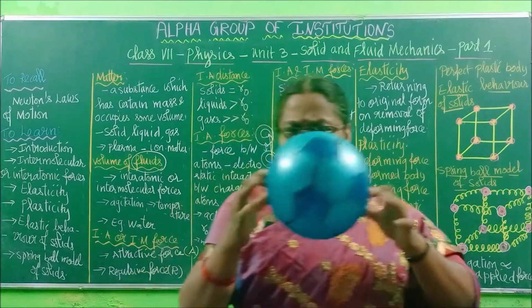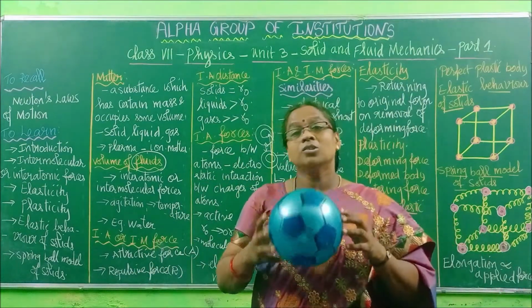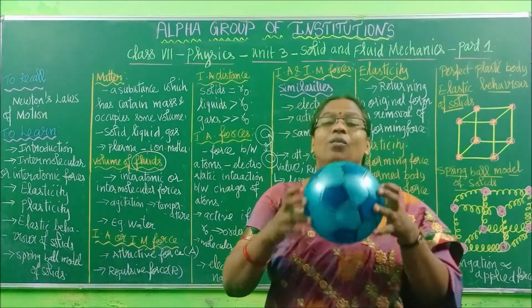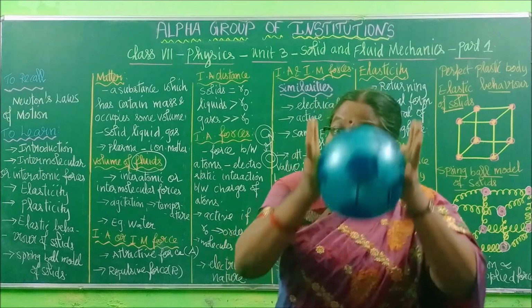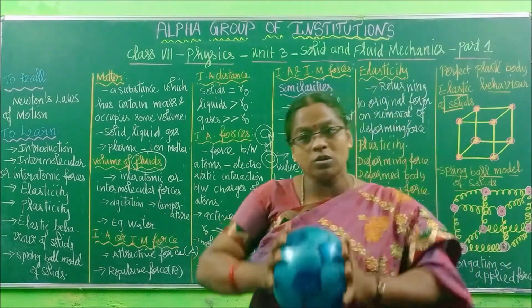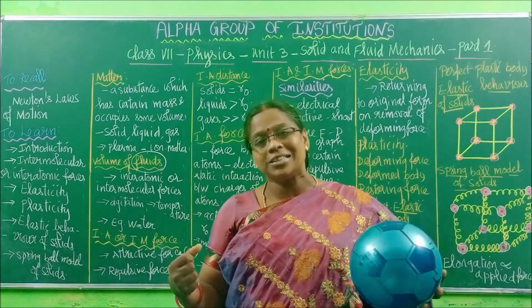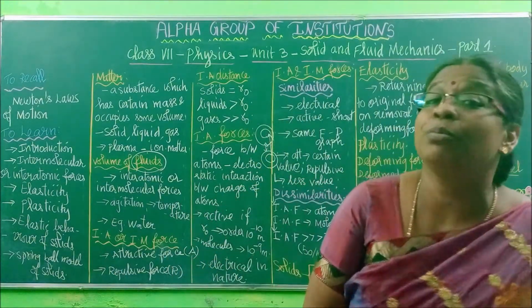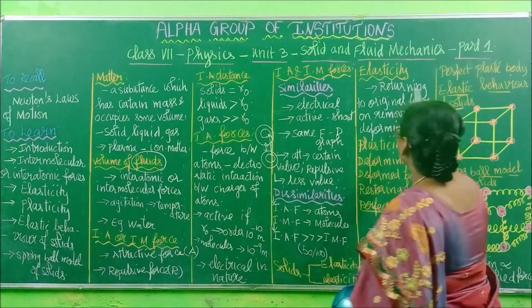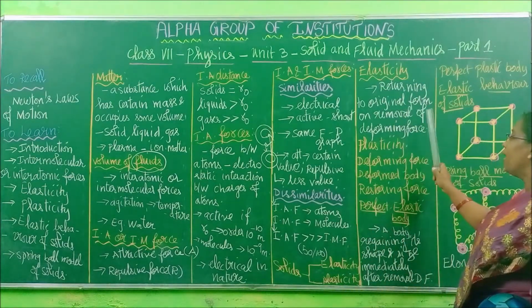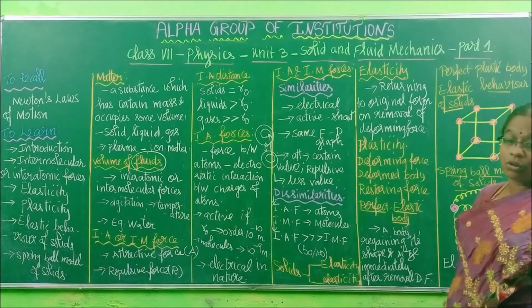So the shape doesn't change. So this nature: when applying a force, the body undergoes a change. On taking away the force, the body comes back to its original position. That property is returning to original form on removal of the deforming force.